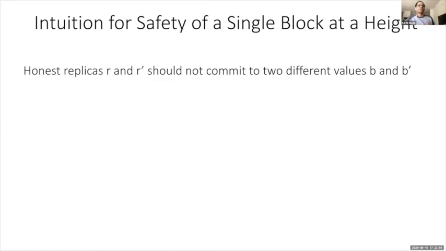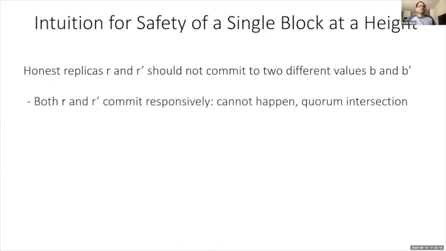Because there are two different commit rules, these commits can happen using different possible combinations. It can be the case that both R and R' commit to different values B and B' responsively. We show that this cannot happen due to a simple quorum intersection argument between the 3/4 votes that each of them receive. These arguments are similar to what partially synchronous protocols typically use.